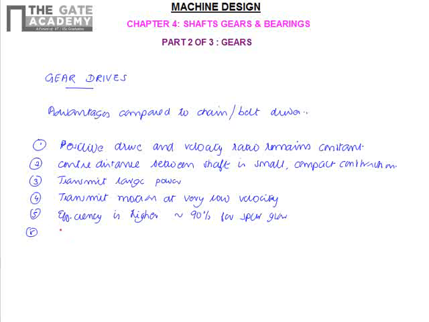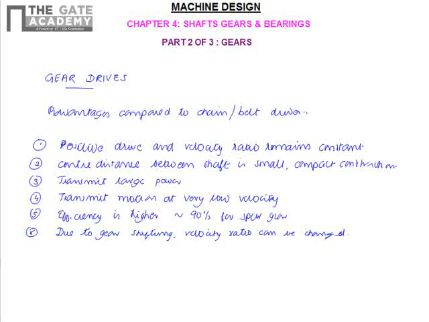And it's possible to change the velocity ratio over a wide range because of gear shifting. So due to gear shifting, velocity ratios can be changed. So these are the advantages of the gear system over the belt and chain drive.